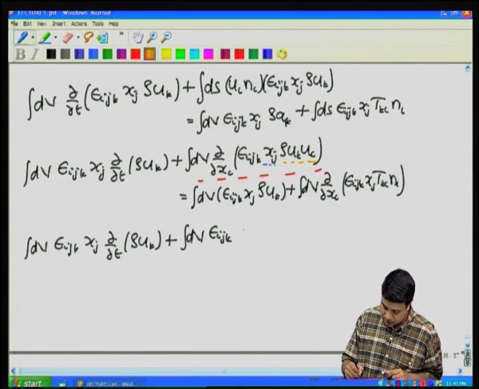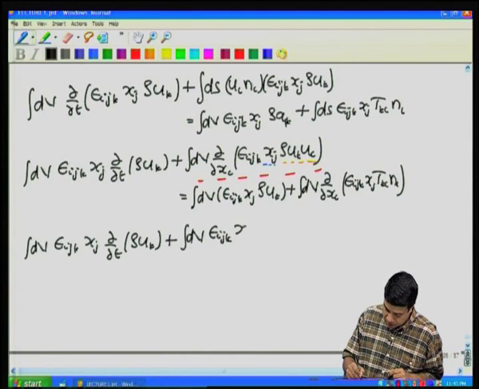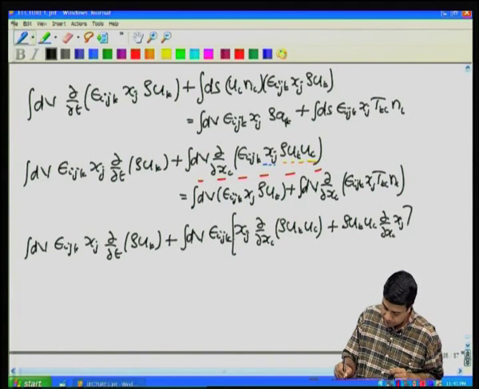I will write this as epsilon_ijk times x_j partial by partial x_l of rho u_k u_l, plus rho u_k u_l partial by partial x_l of x_j.